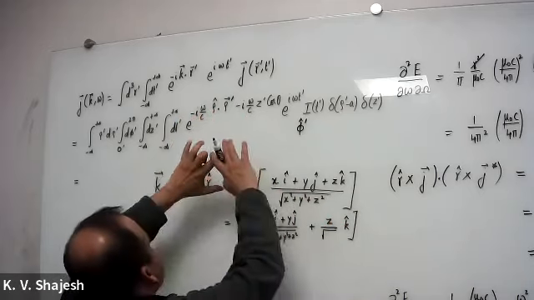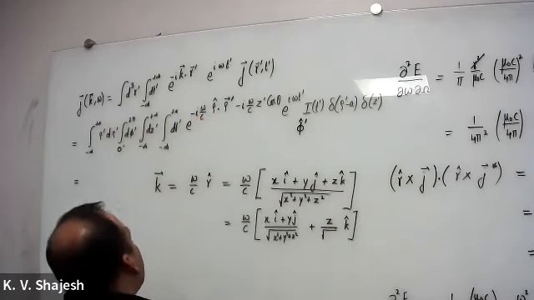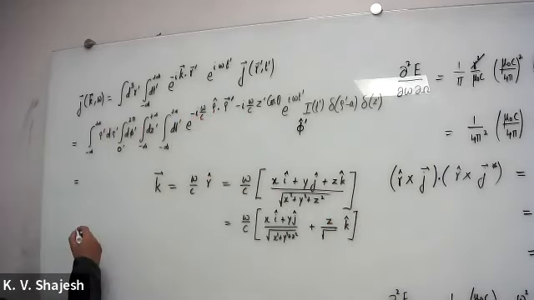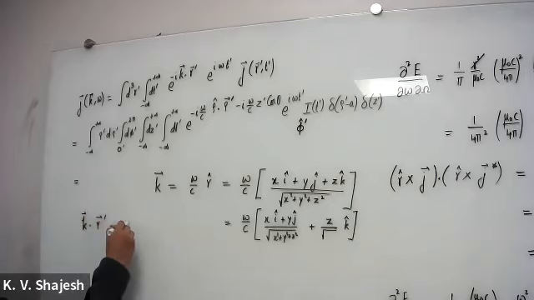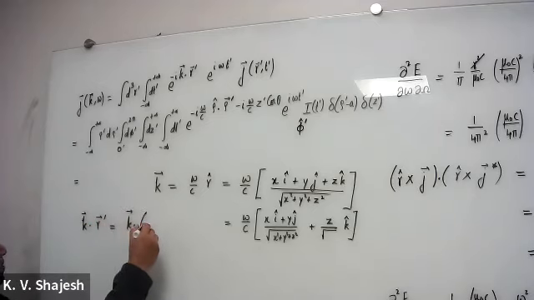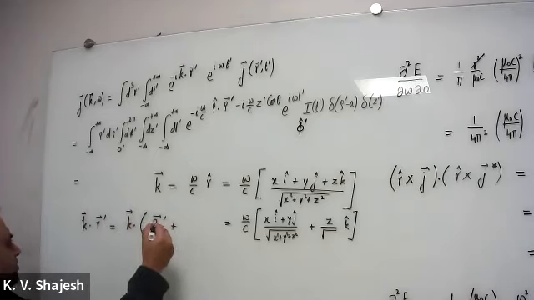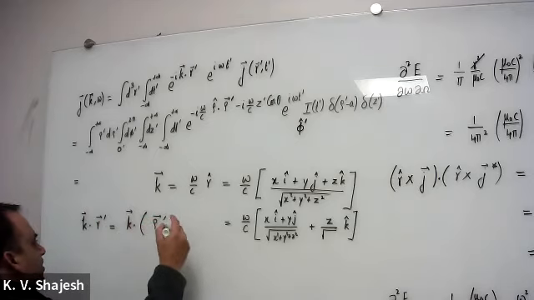So R hat I'm splitting. Hold on, maybe I can write it this way. K dotted with vector R prime is equal to K dotted with, this has a rho direction in it plus a z direction in it, right?